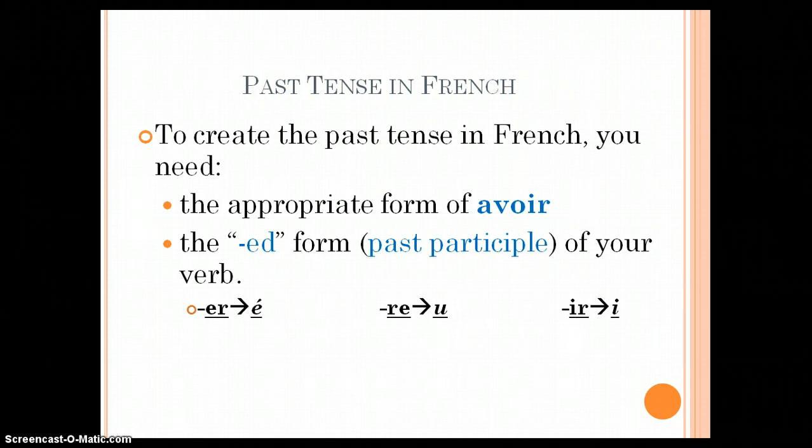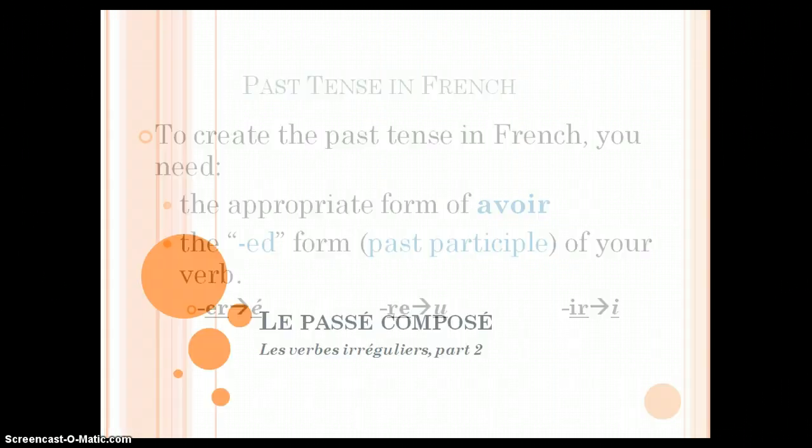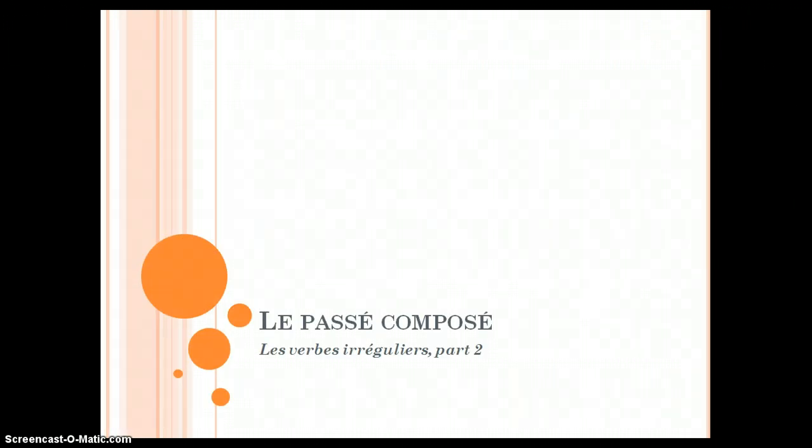This is the general rule for most verbs in the French language. However, there are always exceptions. In the next video, Partie 2, we will review le passé composé, les verbes irréguliers, the verbs that, while they may be er, re, or ir verbs, do not follow the pattern.